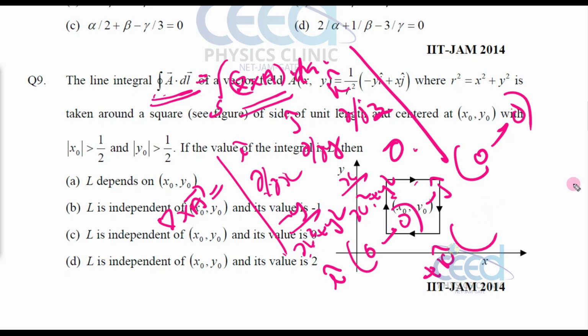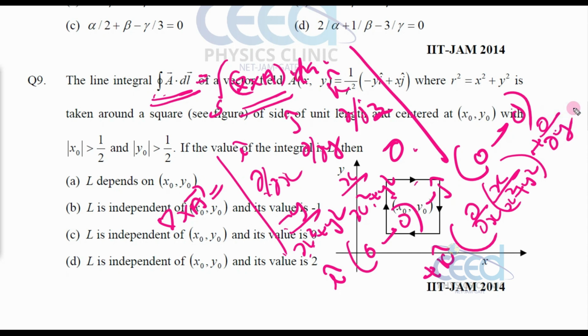So here let me write this as dou by dou x of x by x square plus y square, all right? Plus this is minus, so minus minus plus, dou by dou y of y divided by x square plus y square, all right?